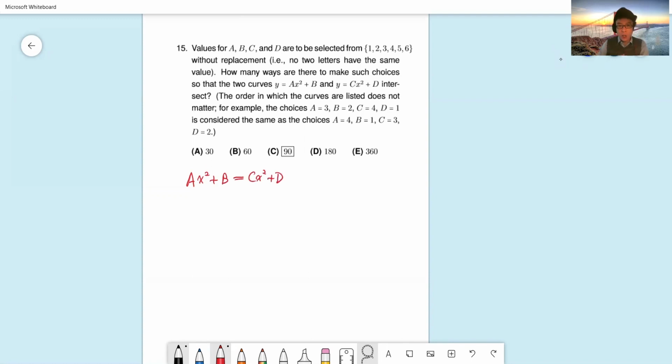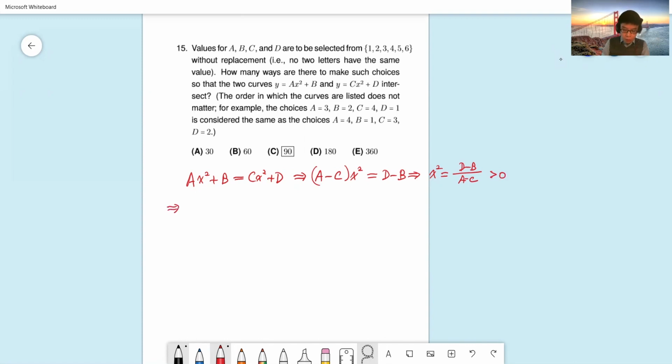Let's move x squared to one side: a minus c times x squared equals d minus b. That solves to x squared equals d minus b over a minus c. For this to have a solution, since they are distinct, this must be positive.